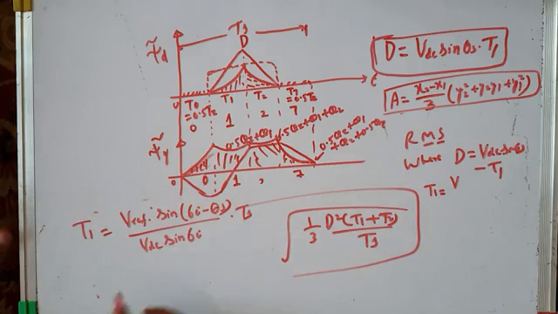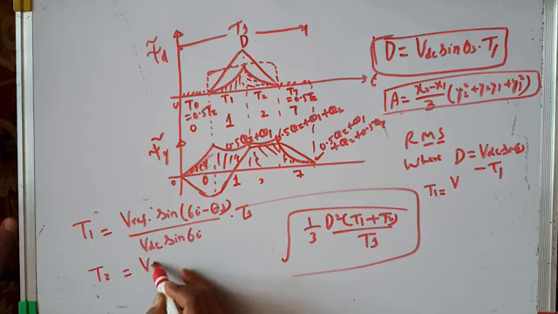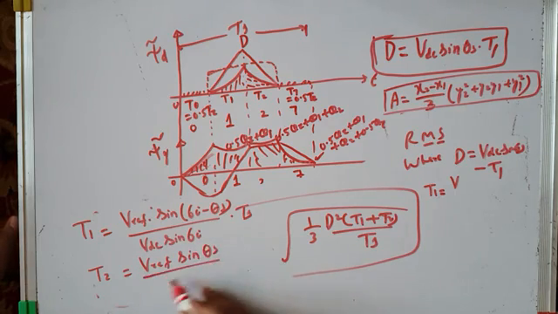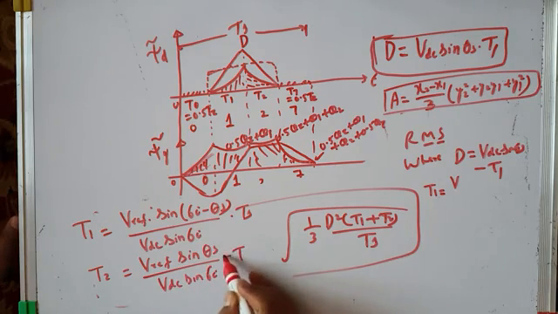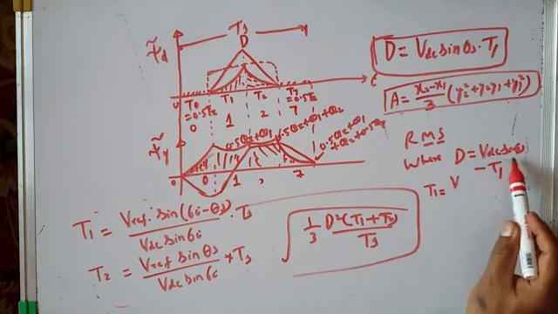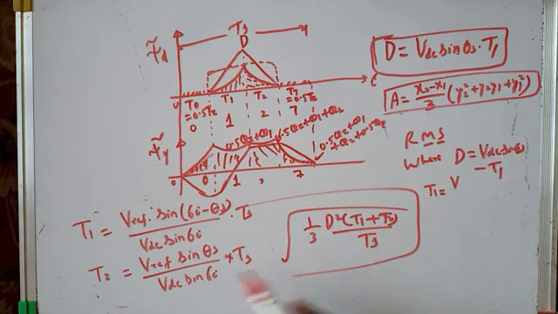We already know what dwell time T2 is. T2 is equal to Vref sine theta s by VDC sine 60 degrees into Ts. So d is given by VDC sine theta s minus T1, and T1 is given by this equation, and T2 is given by this equation.